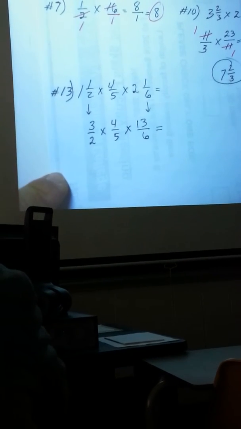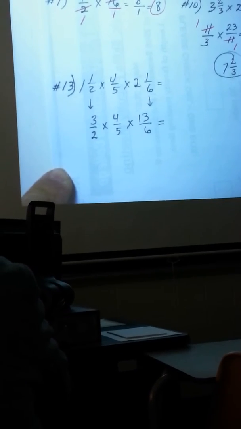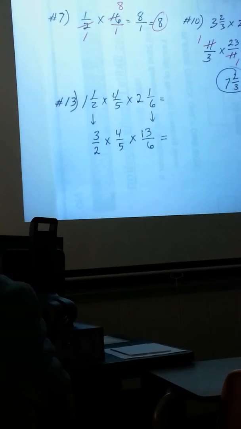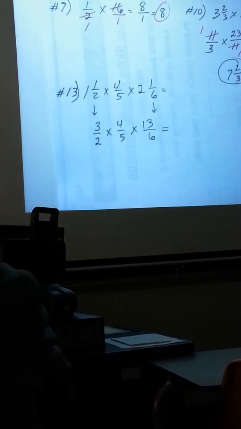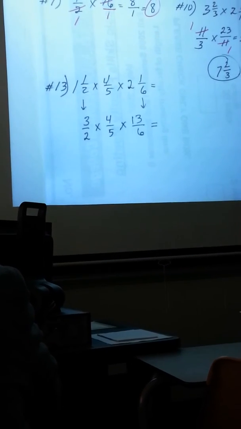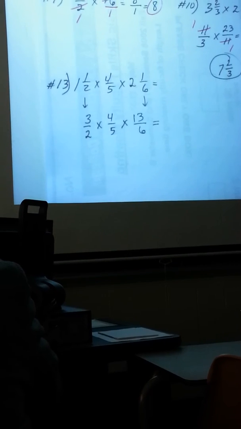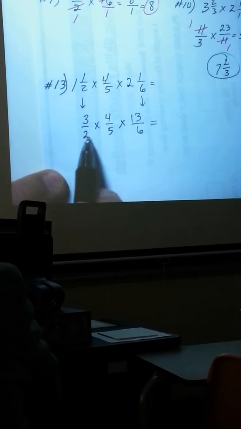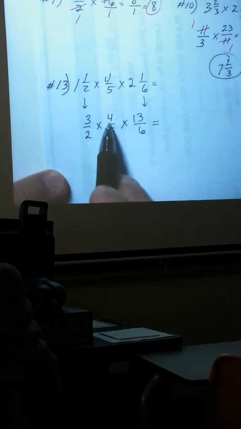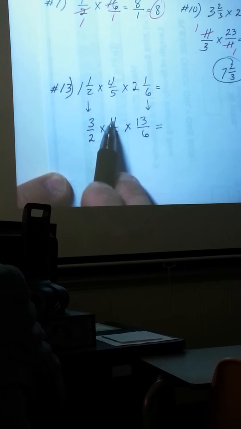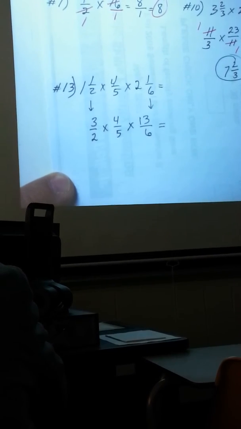Okay, now we can do cross cancellation. When we do cross cancellation, we can always skip, as long as it can go into it. And as long as you don't go across, you have to do diagonal. Look at the 2 and a 4. I can reduce that. I can reduce a 4 and a 6 or 3 and 6.